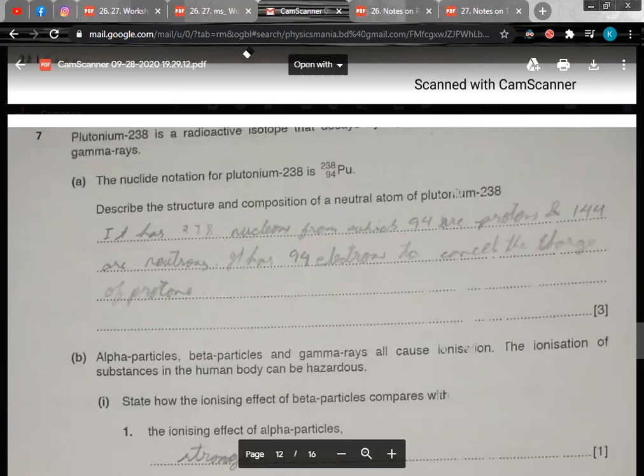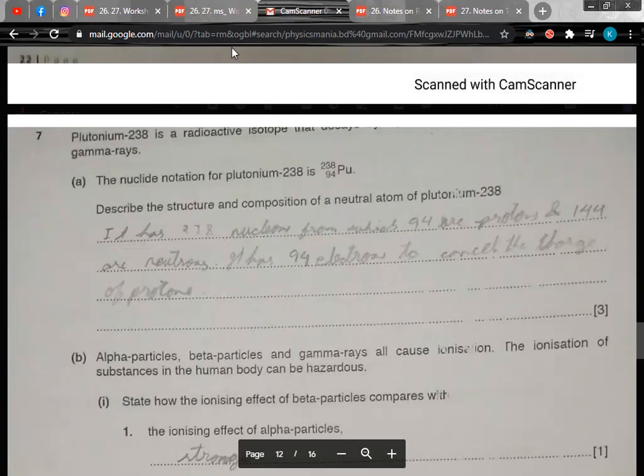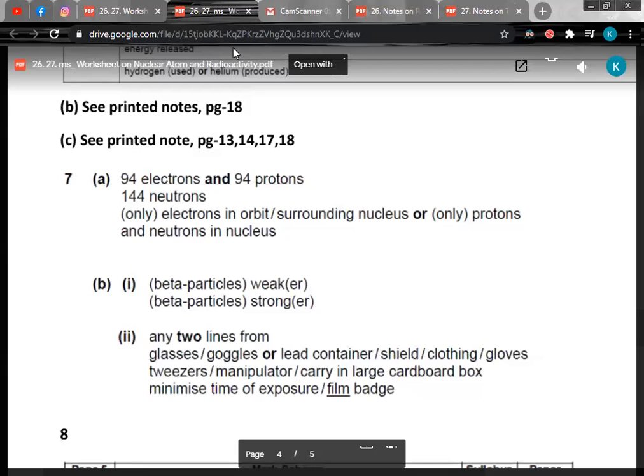In the mark scheme, the way they wrote, they want you to write clearly that protons and neutrons are staying in the nucleus, or electrons orbit the nucleus. That's it. So just take this note here, on your paper. That will help you to remember later quickly.